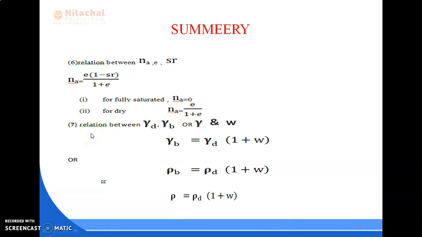Number 7, relation between gamma d, gamma b or gamma, and w. The relation is gamma b equal to gamma d into (1 plus w), or rho b equal to rho d into (1 plus w), or rho equal to rho d (1 plus w).